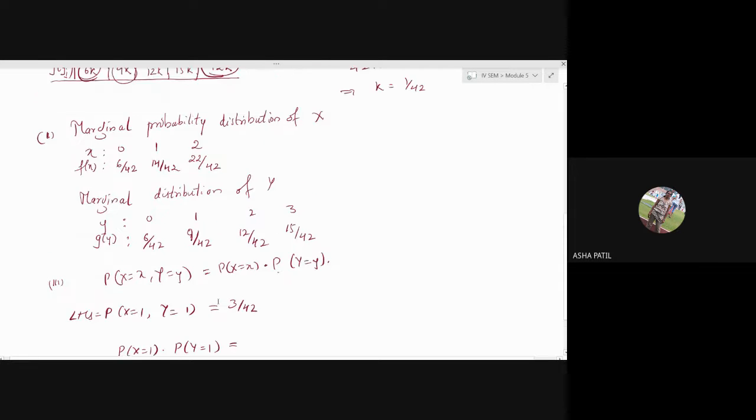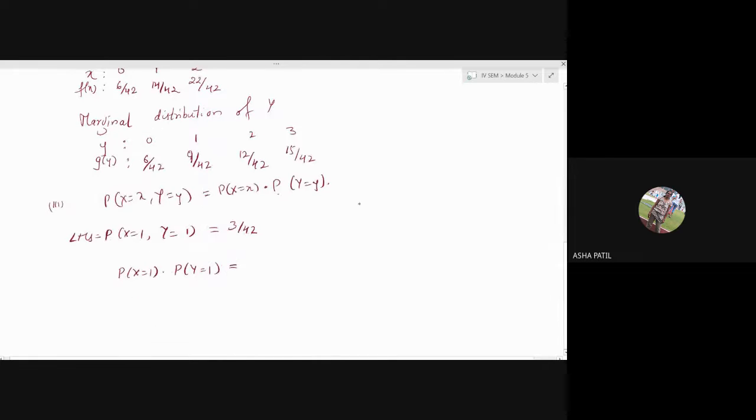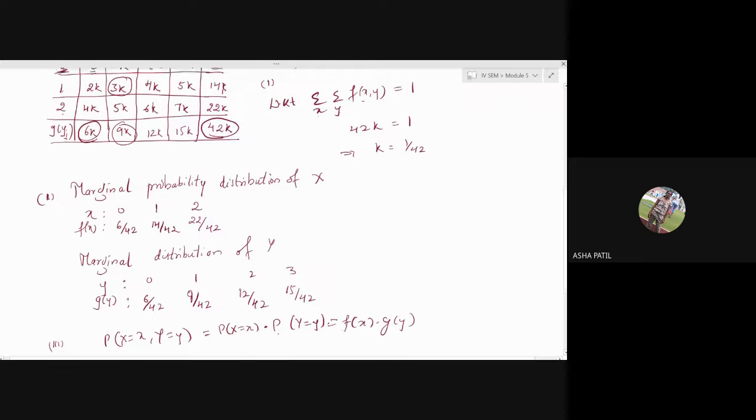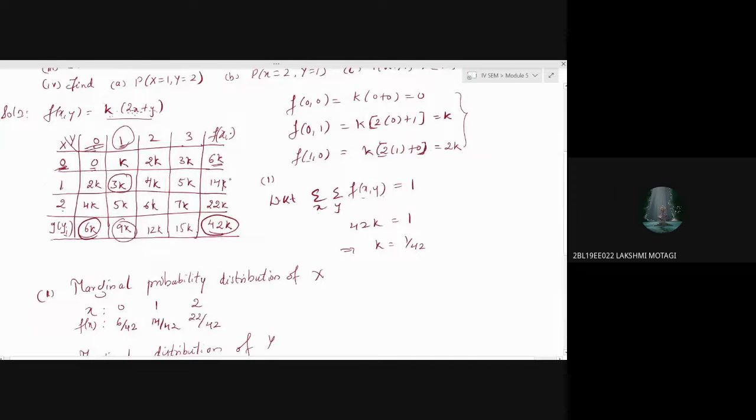Now, it should be equal to the probability that x equal to 1 into the probability that y equal to 1. What is the probability that x equal to 1? That is nothing but f of x into g of y, so this is f of 1 into g of 1. What is f of 1? 14 by 42.